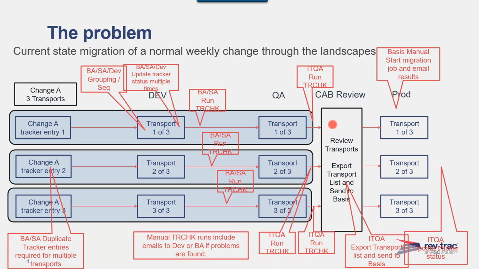And if it wasn't, again, we start with the emails back and correct it and rerun it, and just again, not a very efficient process for us. Once we get through the CAB review, again, I mentioned we export a list and then hand it off to basis. This was all manual. Again, not an automated thing.